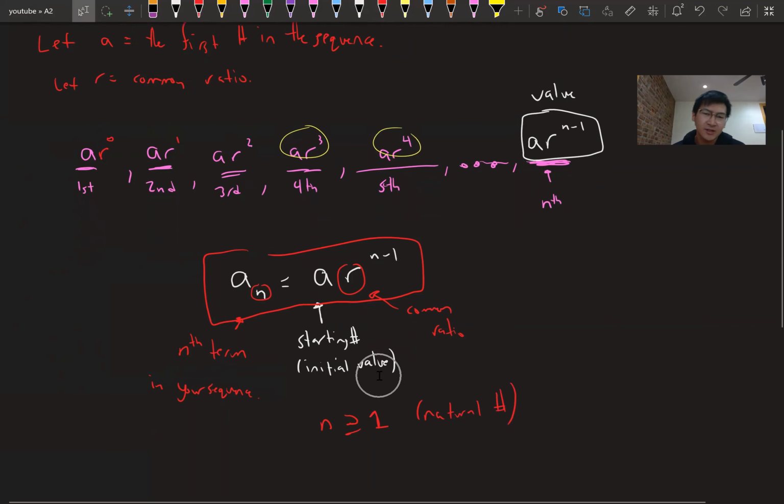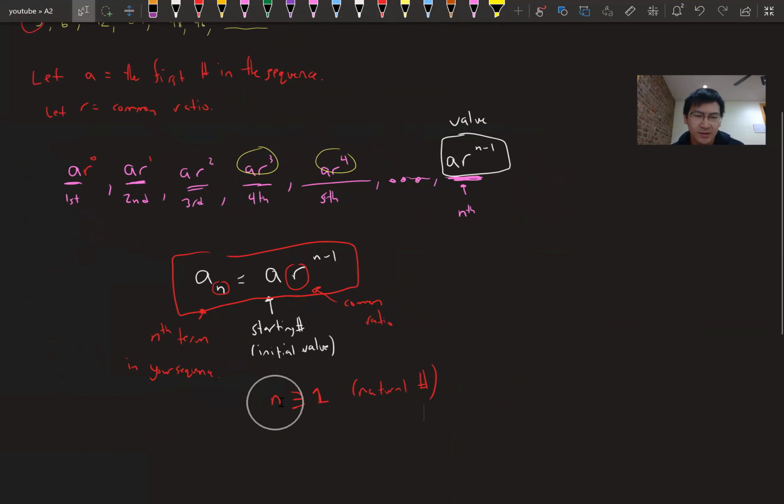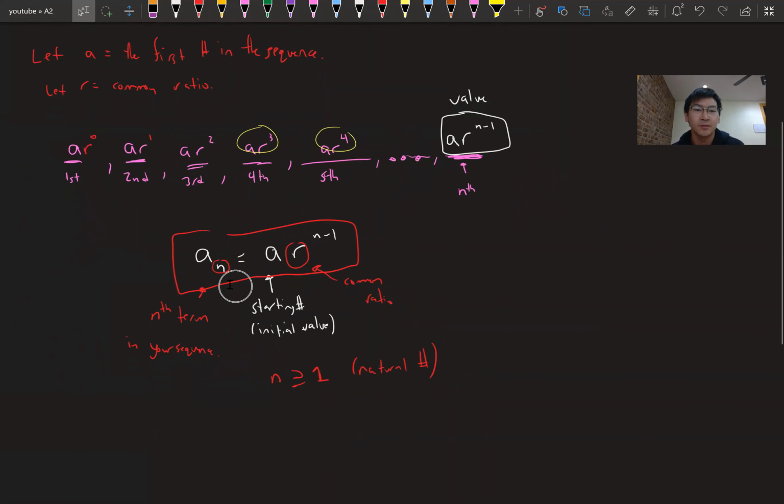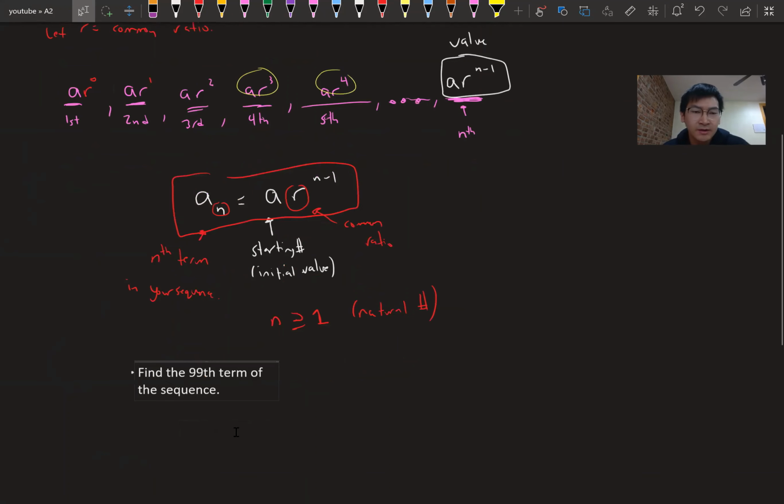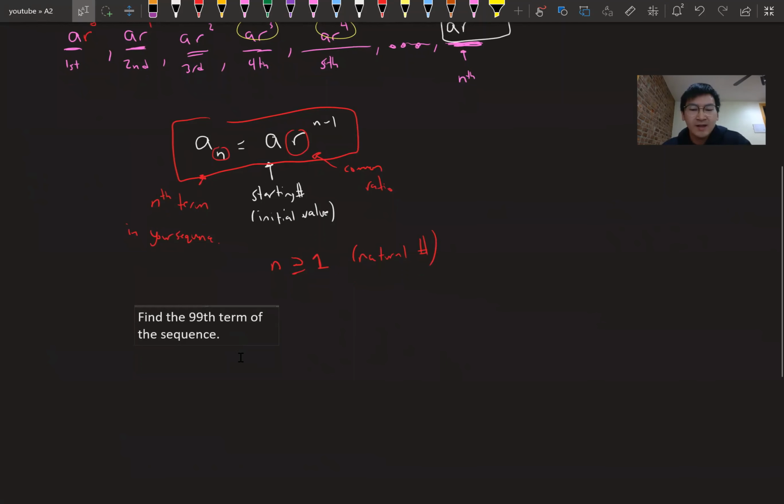Okay, so now the questions that you'll be asked are like, find the 99th term of the sequence. If they say something like that, then that's asking you to find a sub 99. Sorry, I'm not that good with the subscript typing.